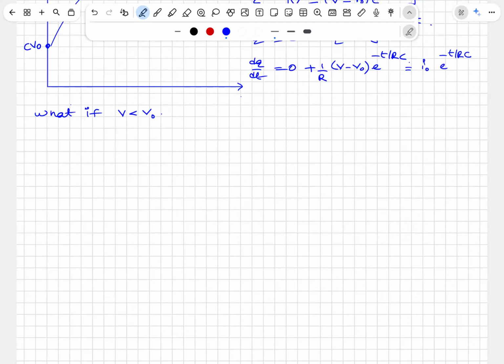You know why? Because you said V less than V naught. So, in that situation, the graph will be completely different. The graph will be something like this.